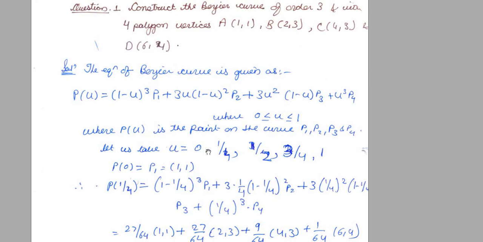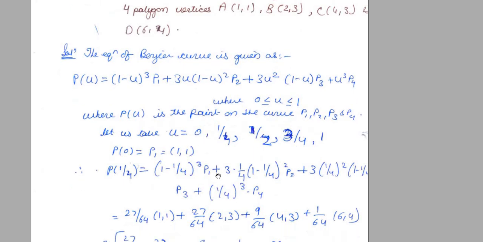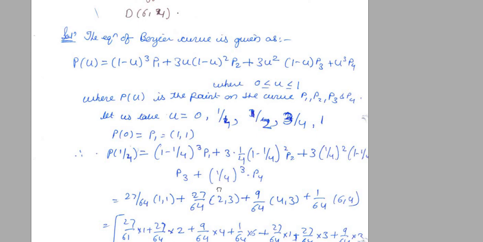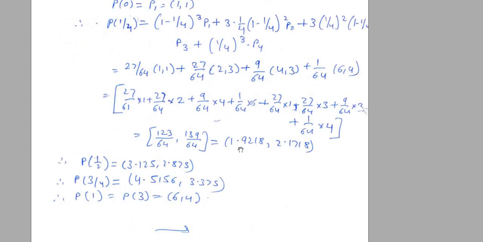Now I am putting the value of u as 1 by 4. If I put 1 by 4, I will get this value: 1.9, 2.1.